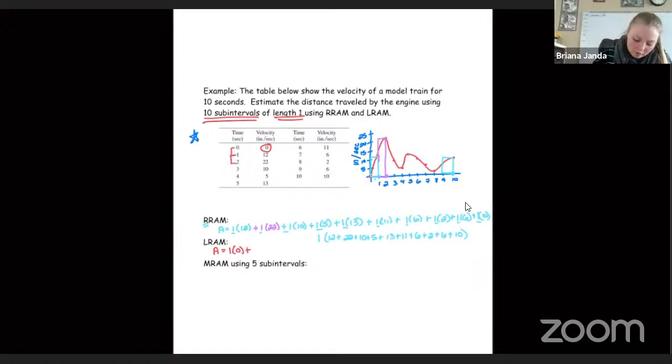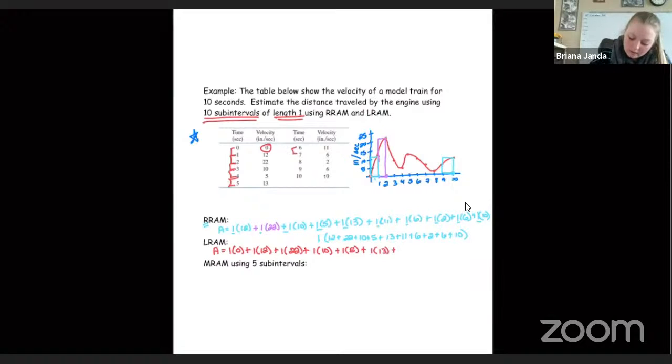My second one from 1 to 2 would have a height of 12. Again, using the left-hand number for each of these. From 3 to 4, left-hand height would be 10. From 4 to 5, our left-hand height would be 5. From 5 to 6, our left-hand height would be 13.